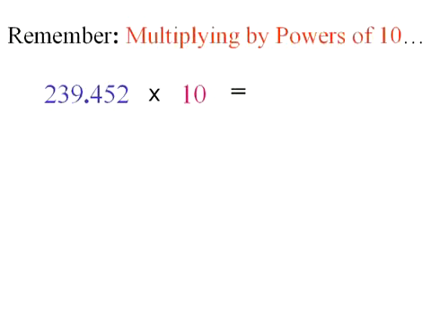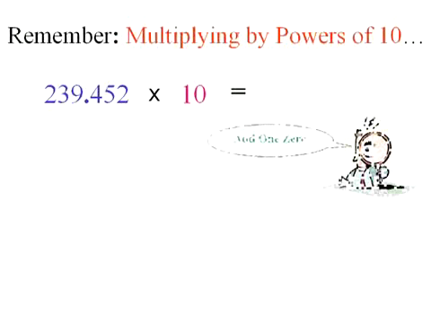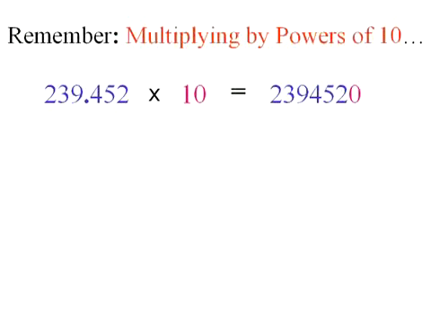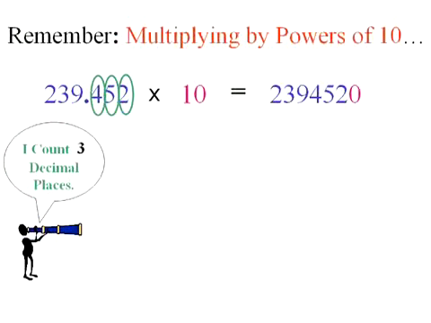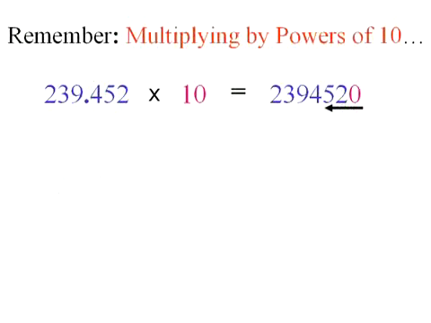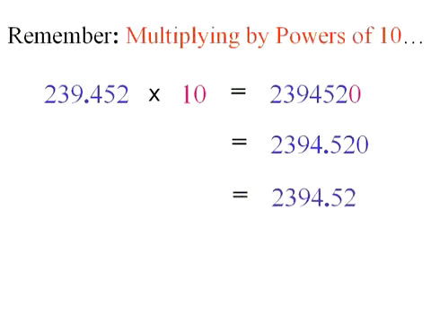Now, there are some tricks. Hopefully you remember about multiplying, so there's going to be some tricks about dividing. Recall that when we multiplied a decimal by a power of 10, we could have done it in 2 steps. In this case, we could have added a 0 because we were multiplying by 10, and then, of course, we would have had to move it over the number of decimal places, 3. We would drop the 0, wouldn't we? But we could also use the shortcut that we really moved it over 1 place.